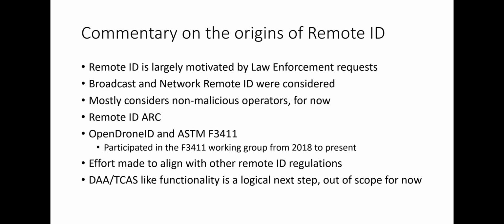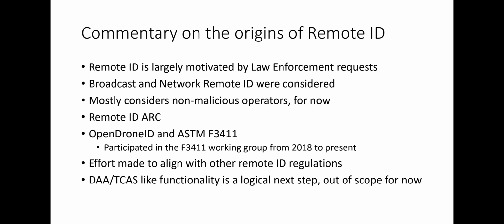Both broadcast and network RemoteID have been considered throughout the rulemaking process for Part 89. However, broadcast is the only one that survived through to actual rules. In the NPRM, there was a network requirement. The NPRM is the Notice of Proposed Rulemaking, which was the draft version of the rule. The systems that are required in the rule predominantly cover non-malicious operators.